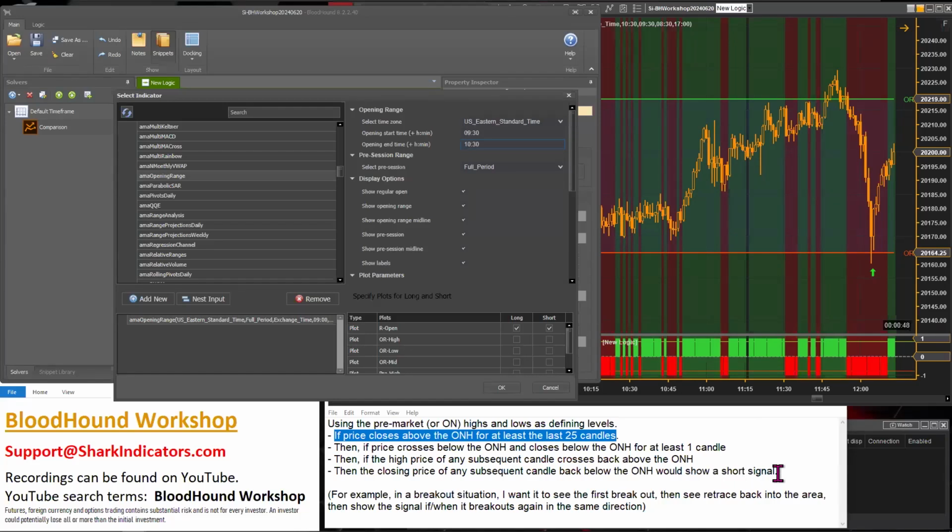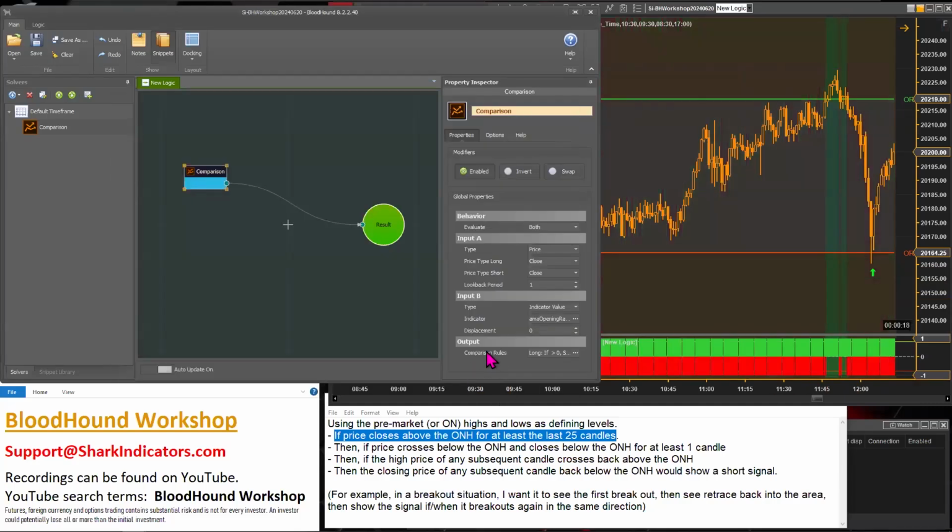So we're going to use the high for short signals, and vice versa. We're going to use the opening range low to generate long signals here. Just as I have marked up on my chart, we're using the low range to generate a long signal there.